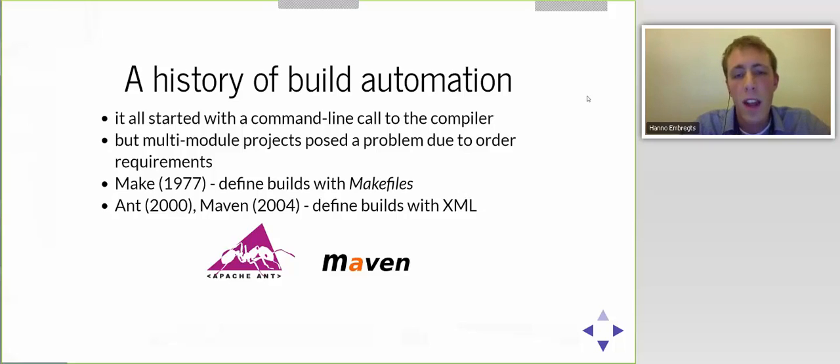So Ant and Maven both use XML as the language for the build files. But in Ant, it's more of a free-form thing. You can just start anywhere and specify some order. And Maven tries to give you a head start by saying this is my standard life cycle.